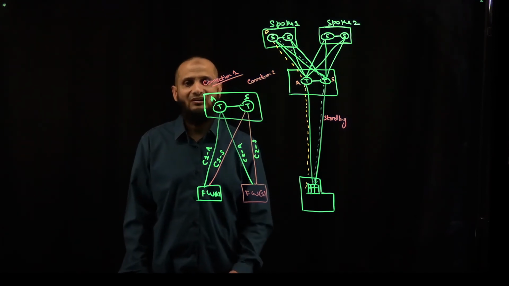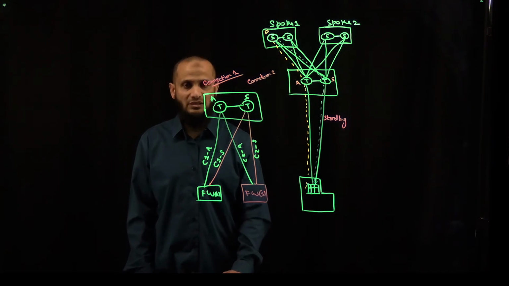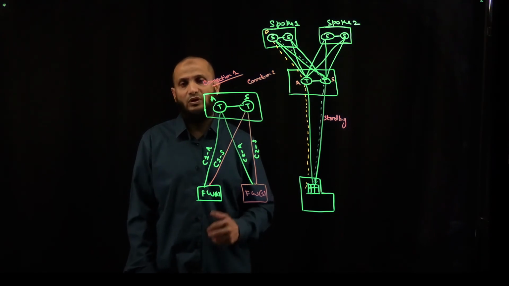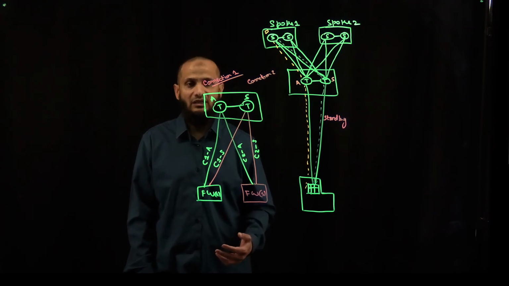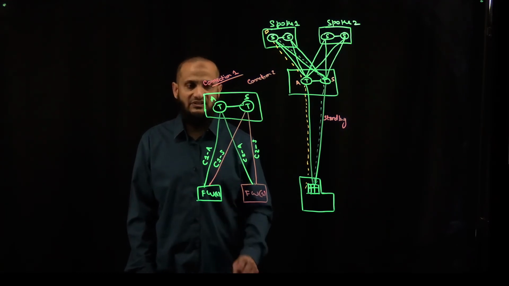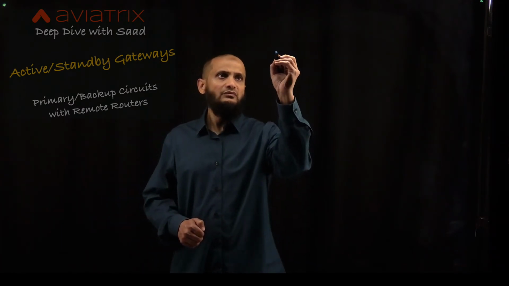All right, so let's talk about when your remote devices are routers and you would like to use some primary backup scenario. For example, one of your links is a 10 gig link while the other link is a 2 gig link. How are you going to utilize this ActiveMesh standby? All right, so let's draw it out. You have some spokes.